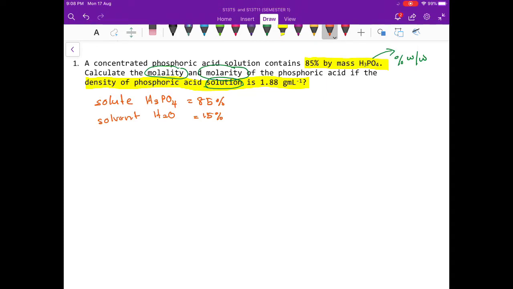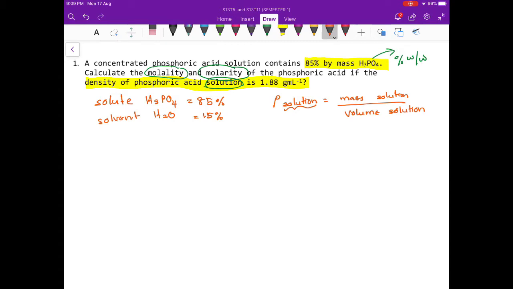Okay, and then the second information given is the density of solution. So we know that the density is equal to mass over volume. Since the density given refers to the density of solution, it is mass solution over volume solution.